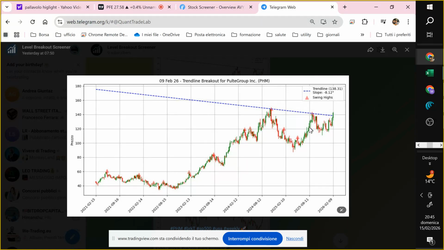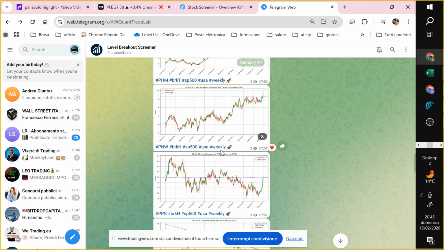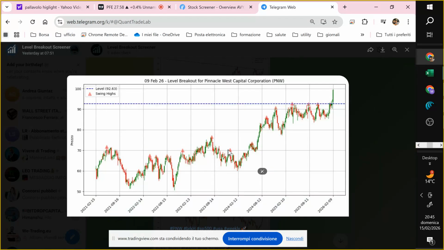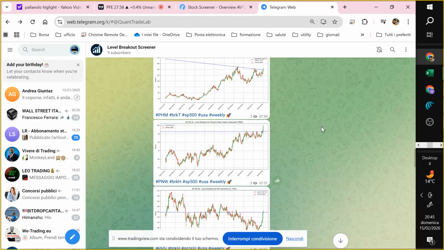There are many other aspects that we look at in this kind of graph. For example, we look at the compression before the breakout. We can see the difference in this situation, because we have a good compression.